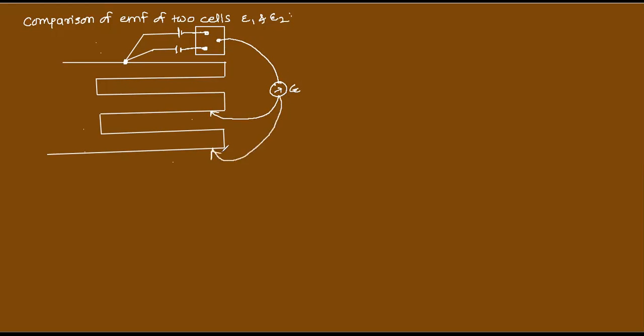One null point is due to cell E1, another null point is due to cell E2. This is N1 and this one is N2. And now on this side you connect the primary cell or primary circuit.